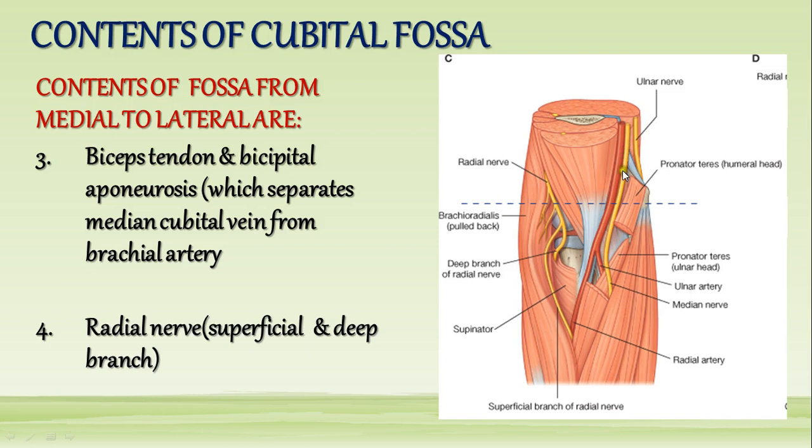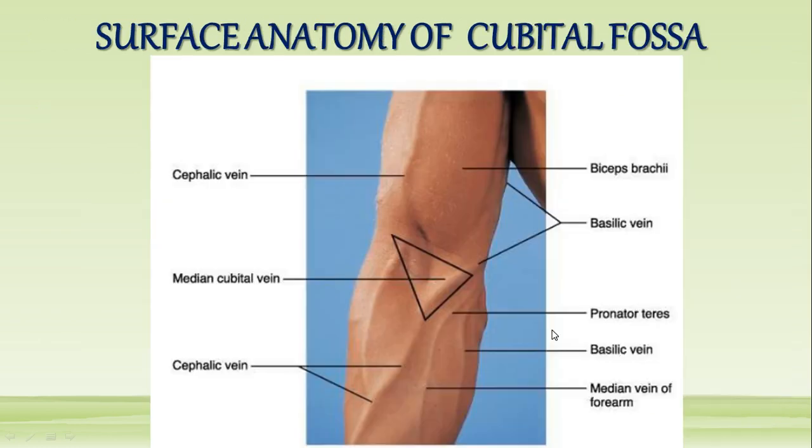The brachial artery divides into its terminal branches, the ulnar artery and the radial artery. The biceps tendon is present just lateral to the brachial artery. The radial nerve divides into its two branches, the deep branch of the radial nerve and the superficial branch of the radial nerve.